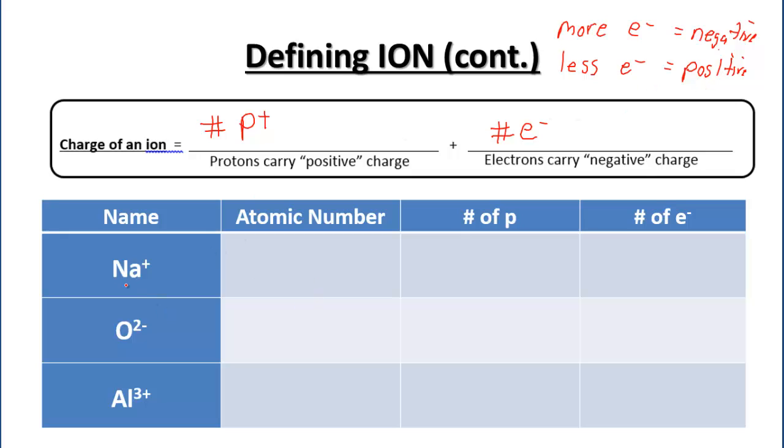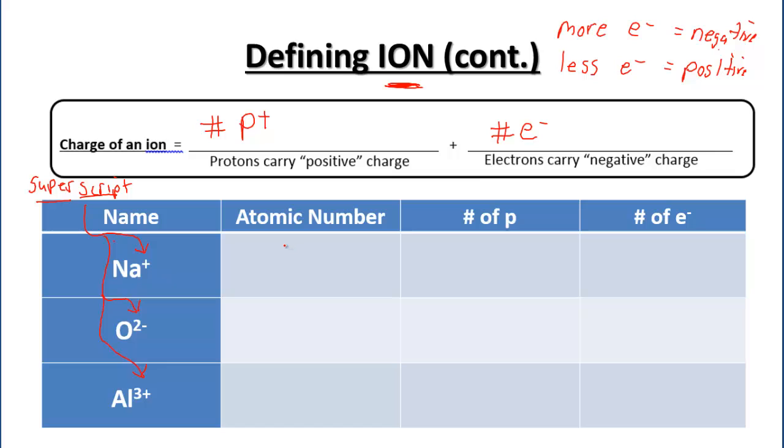So if we look at this chart down below, one word I'd like you to write in: superscript. A superscript means written above, and that's going to be these charges that indicate that this is going to be an ion. So a superscript written above tells us we're an ion.